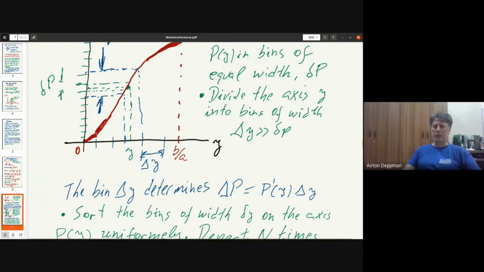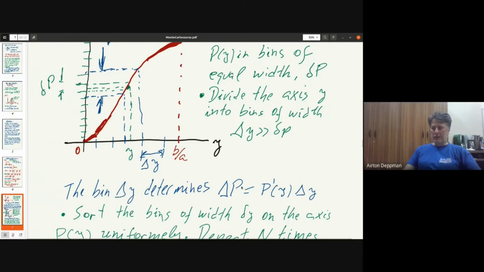Of course, usually we don't sort inside the bin. We have the central value of the bin as the value to which we attribute all these events. So any event that falls here has a single value y associated to it. And when we make delta y sufficiently small, it will correspond to a good description of the probability density.